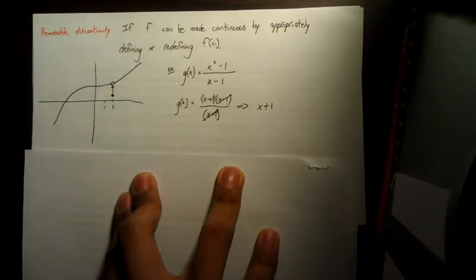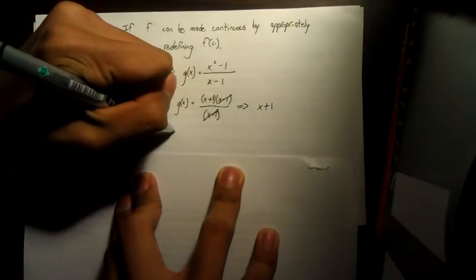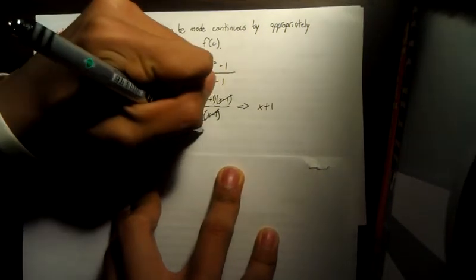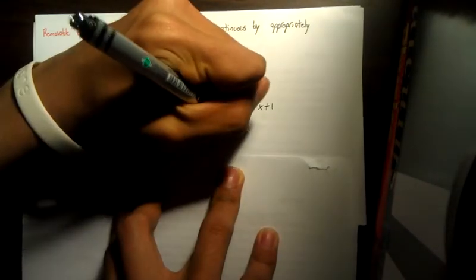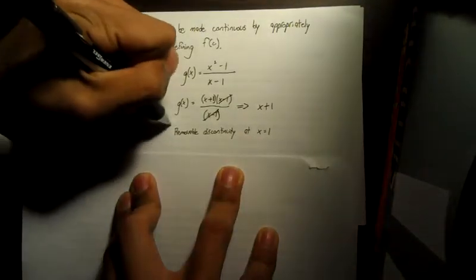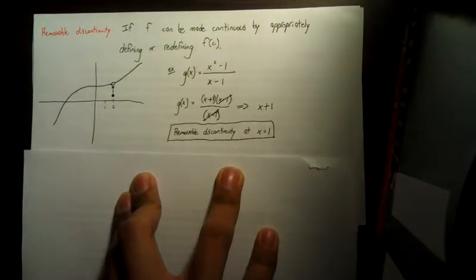So if the question was asking, state any discontinuities within the function and determine whether they are removable or non-removable, then to answer this question you would write removable discontinuity at x equals 1. And that would be your answer.